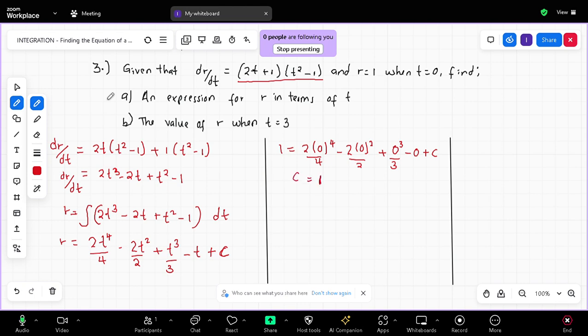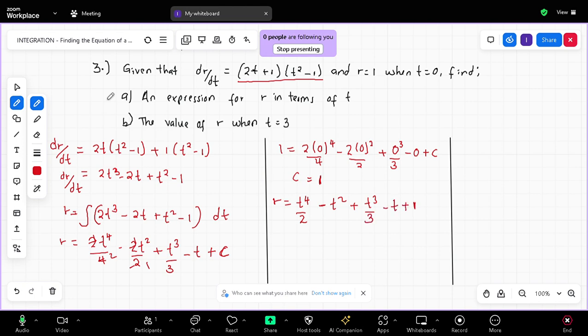Now an expression for part A. So the expression will be r equal to, this one 2 divided by 4, that is t power 4 over 2, minus t squared, this one also 2 over 2, 1, minus, sorry, here we got a minus, minus t squared plus t cubed over 3 minus t plus 1.